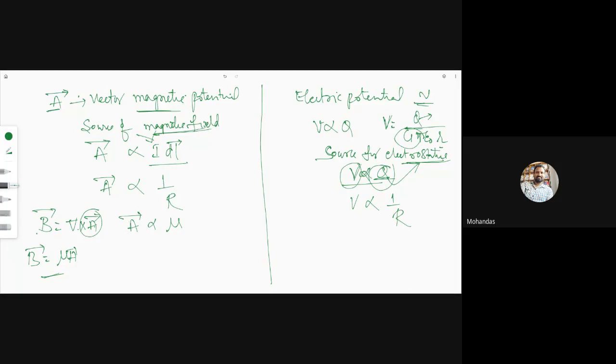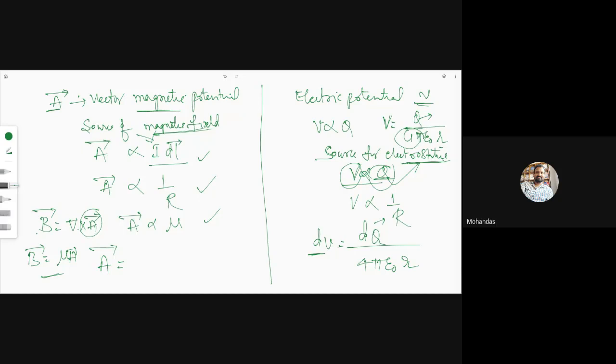So by using these comparisons, I am going to write the equation for A. Suppose you take V equals Q by 4 pi epsilon naught R, then what may be the dV here? dV equals dQ by 4 pi epsilon naught R. Due to the differential charge, you get differential electric potential.